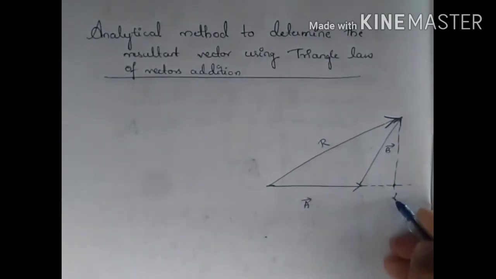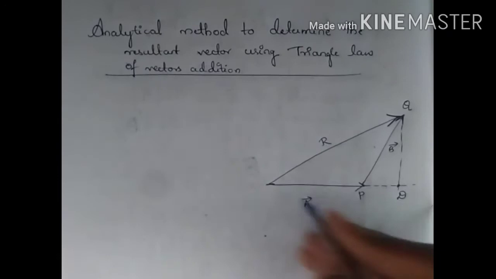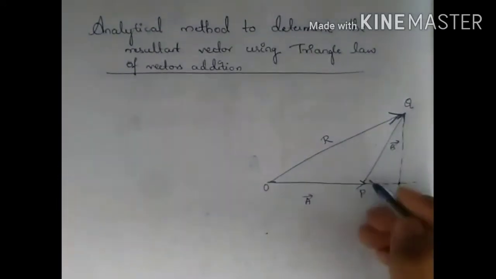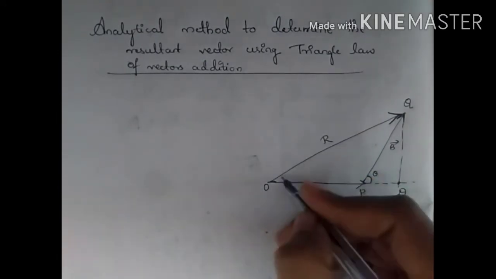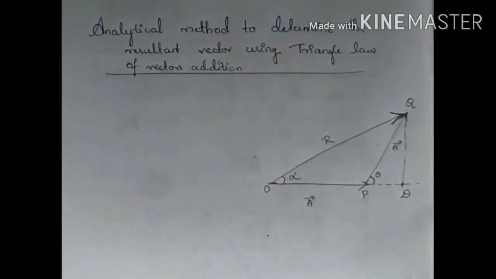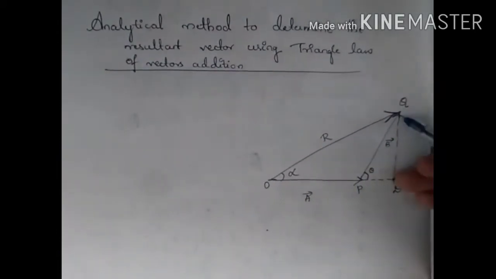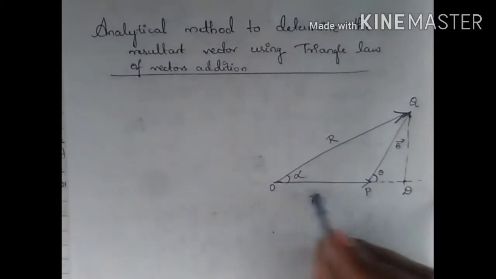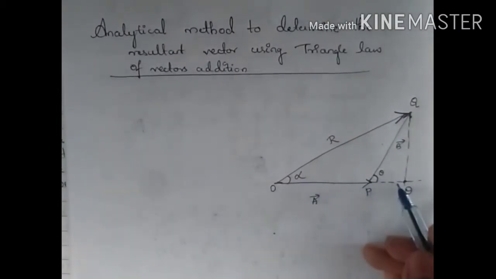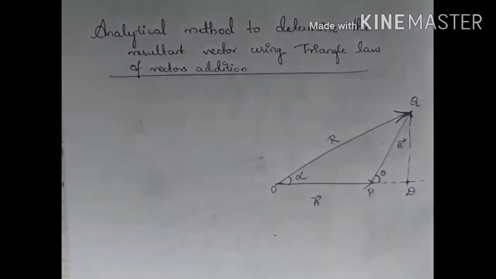So let this point be D, and this be Q, and this be P, and this is O. And here is the angle theta, and here it is the angle alpha. So what you have done, you have drawn the perpendicular line from point Q to D, and you have extended the line OP such that these two lines meet at a point D.